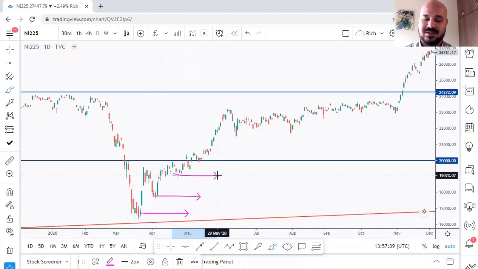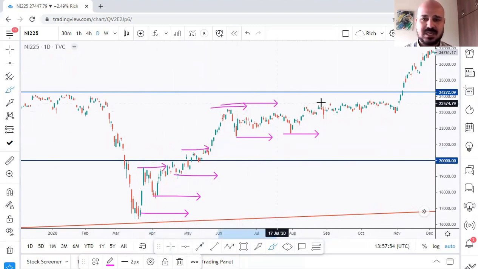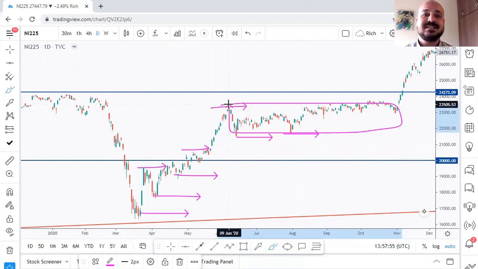Higher low, higher low. And as you can see, since then, the sellers couldn't break below the previous low. So the buyers are still in full control. Higher low, higher low, higher low, and so on, and higher high as well. And then the price got stuck inside this range, but inside this range as well, the price was making equal highs, while the sellers are making what?